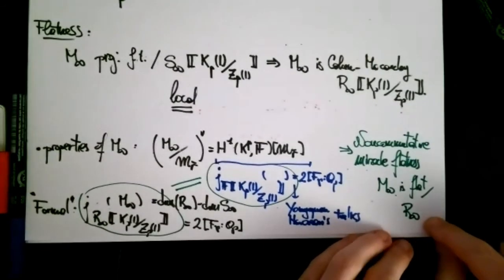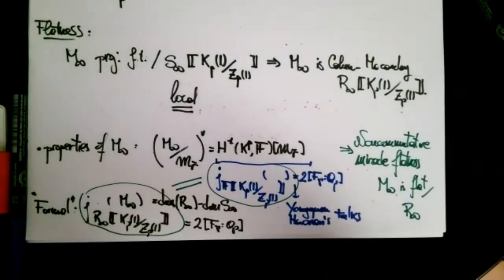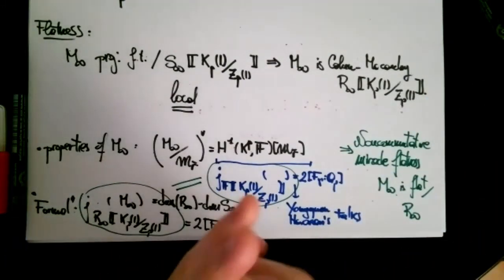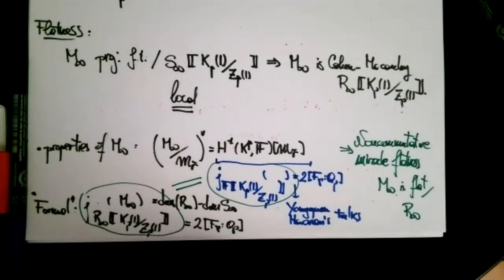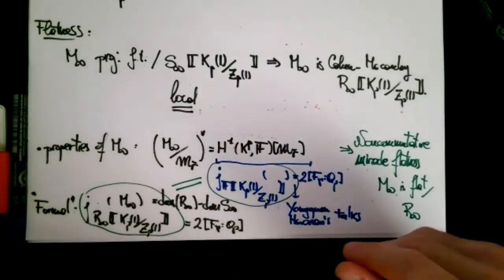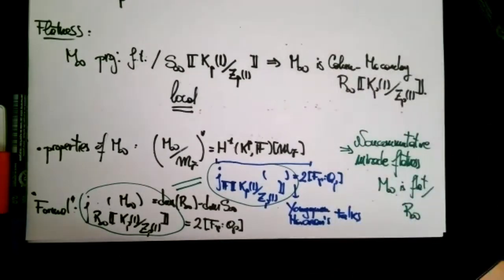And this implies the fact that the rank over O, when we base change over a Galois representation, has rank bigger or equal than 1. All right, I finish here. So thank you very much. Thank you very much for having followed this course.